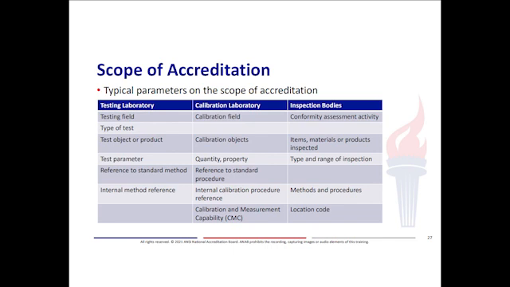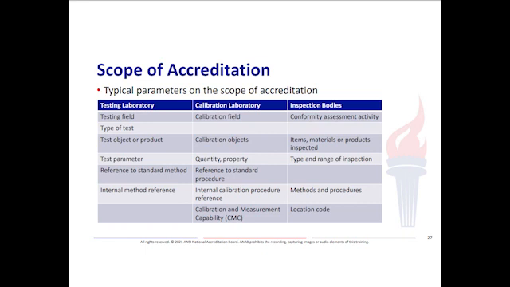Okay. Now, when we look at scope of accreditation, the 17025 and 17020 standards cover a couple of specific things. With the testing laboratory, you're looking at the field of test, the types of tests, the test object, the parameters, and what field we want to be looking at. We'll reference the standard method, and we may reference an internal method.